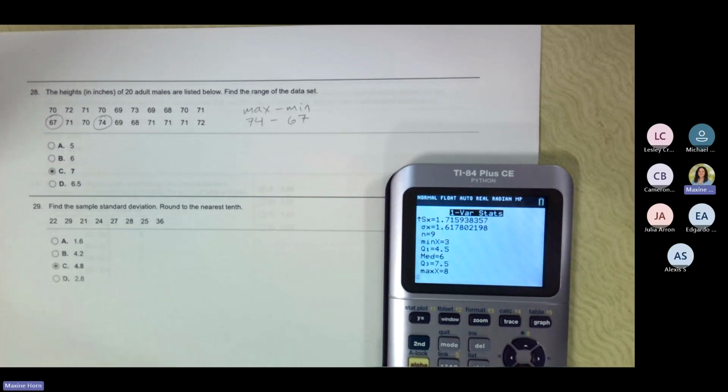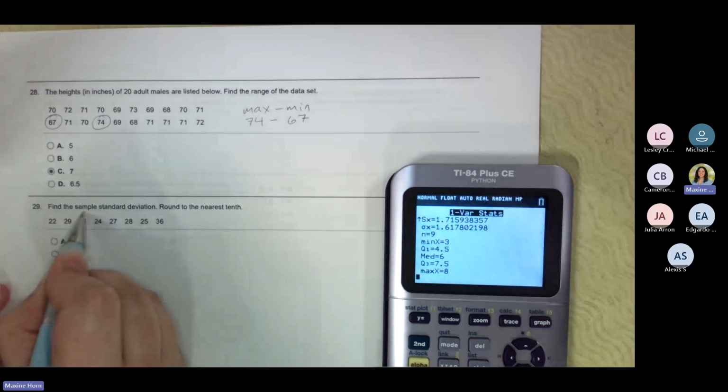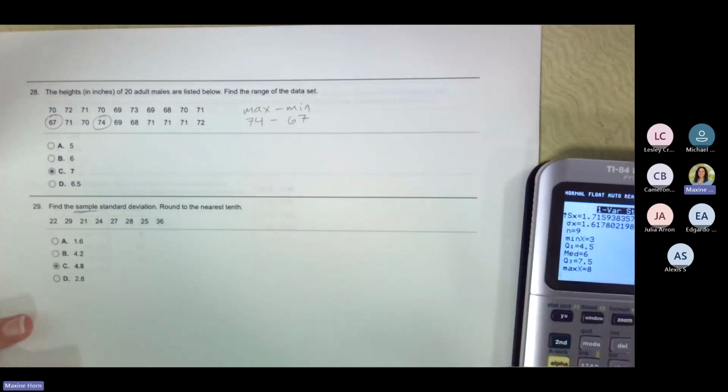Okay, so here we get into the other types of questions. Find the sample standard deviation, round to the nearest tenth. Sample standard deviation. So let's talk about, here, I'm going to pull up the book because it's got a nice little chart here on page 85, which I think is really helpful.